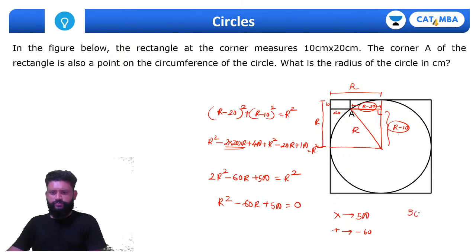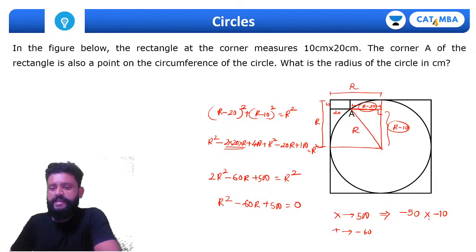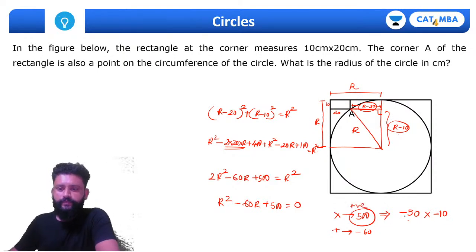So you can say it is 50 into 10. Minus 50 into minus 10 leads to positive, it's 500, and minus 50 minus 10 is minus 60, right? So the radius must be 50 or 10.